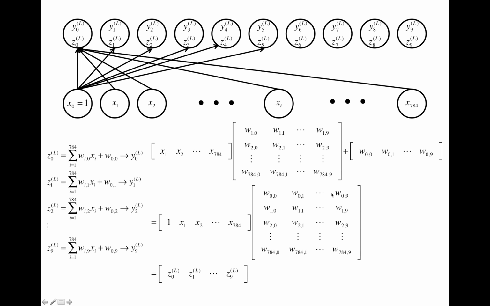All the weights on the top row of the weight matrix are the weights for the connections coming out of x0. If you do this, these two approaches are identical. If you do this vector-matrix multiplication, you still get the 10 logits. They are just the same calculation expressed in a different way.